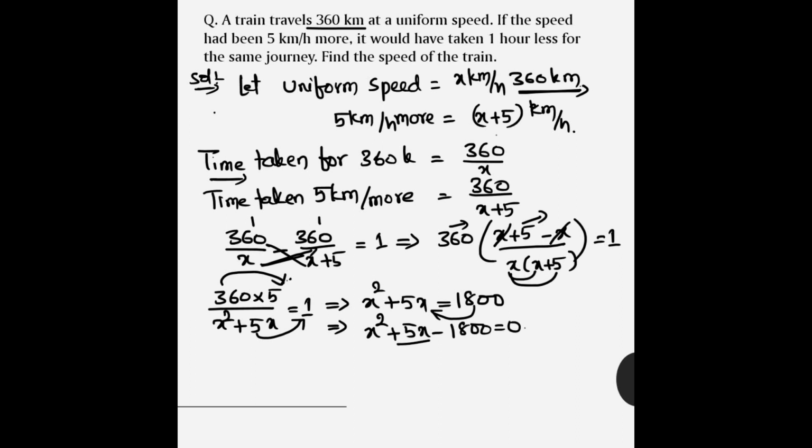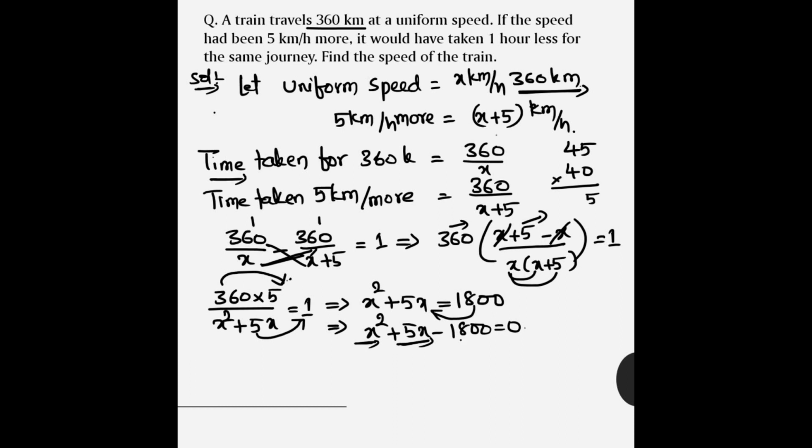So we have to split the middle term to find x. To split, we need two numbers like 45 and 40, or 35 and 35. Their difference is 45 minus 40 is equal to 5, and 45 into 40 is 1800.